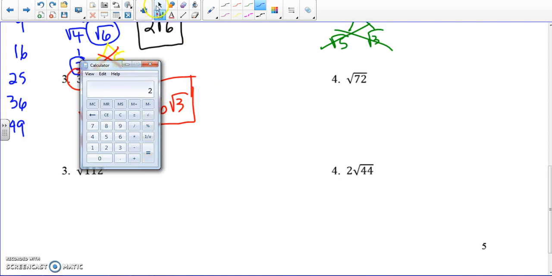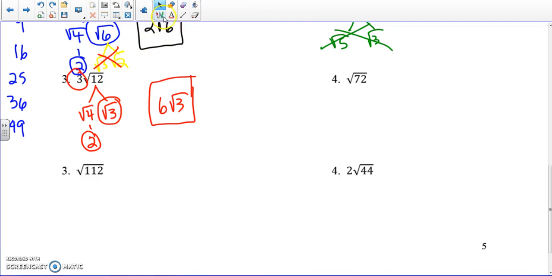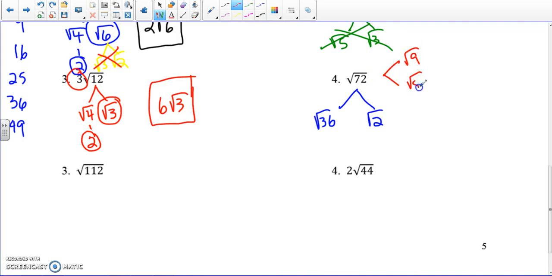So let's get back to our smart board here. And let's use those numbers. So 72 we can write as 36 times 2. So what some of you may have seen there, just a little side note, you may have seen that 72 as 9 times 8. And that's a great idea because 9, you know, turns into a 3.